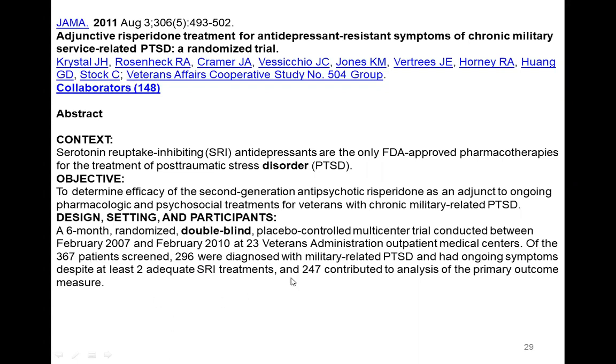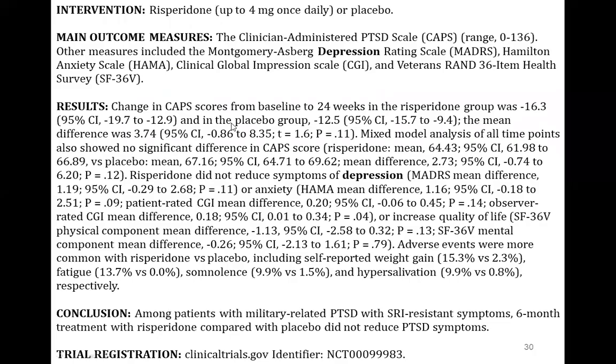So this is the study design, and they did use our gold standard, a randomized, double-blind, placebo-controlled study. I wanted to illustrate what a study design like that is like. They're giving one dose of risperidone or placebo.